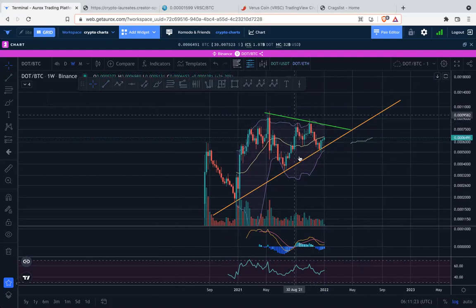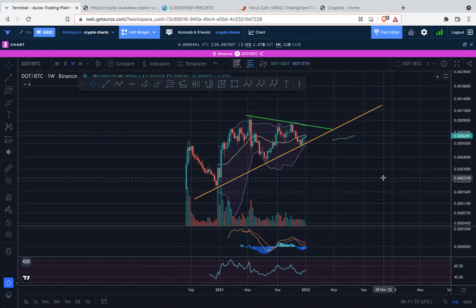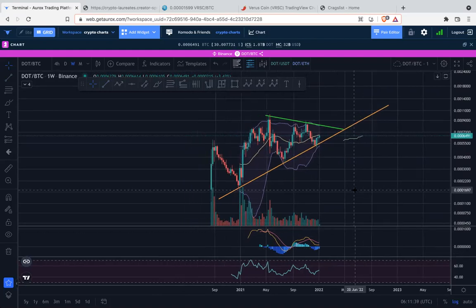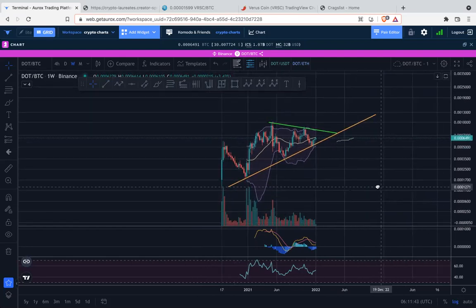I think we could be in a big triangle, A, B, C, D, E, and then out. So that's out to the upside. That's potential for DOT against BTC. I think of the big names, DOT has a good chance this year of making some movements.